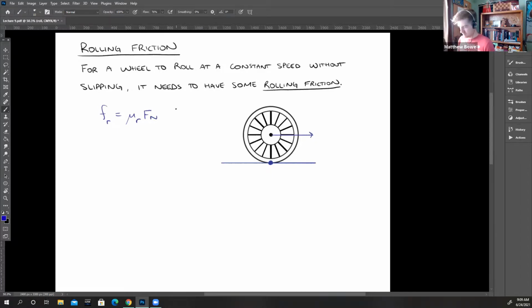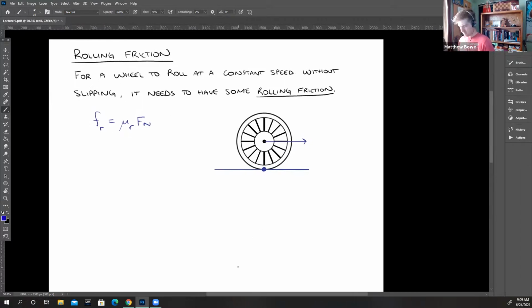All right, so we have this. Oh, I forgot to say, r is the coefficient of rolling friction.